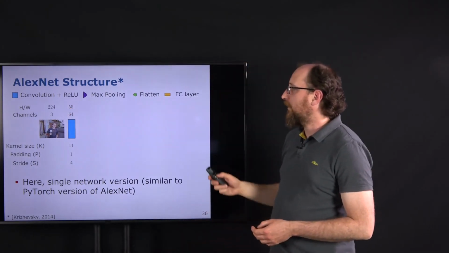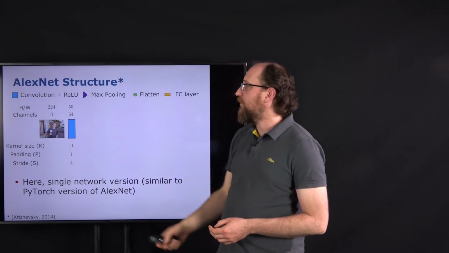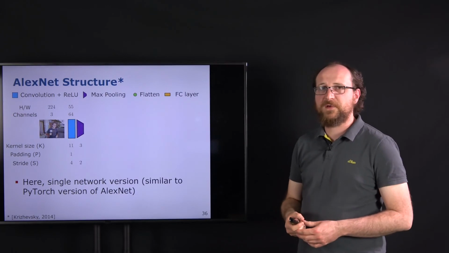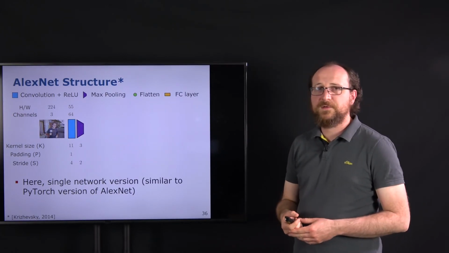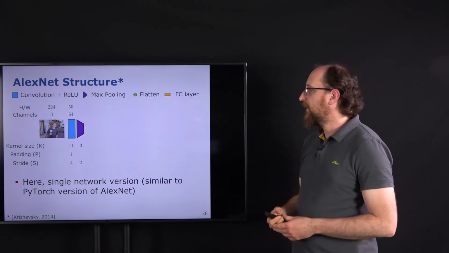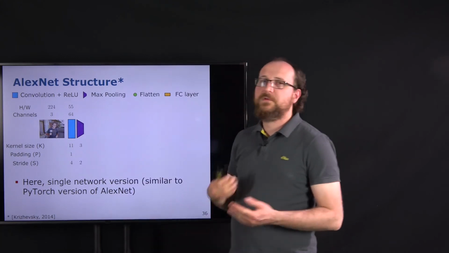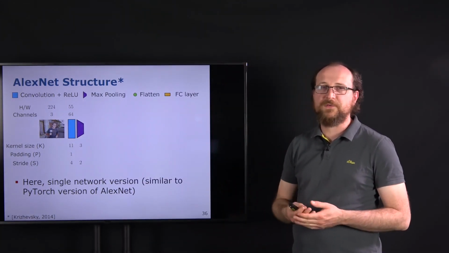This is then the feature map that goes into the next part, which was a max pooling operation. As I said already in the slides on max pooling, here it was a kernel size of 3 with a stride of 2, so that you had a little overlap between the applications of the max pooling.